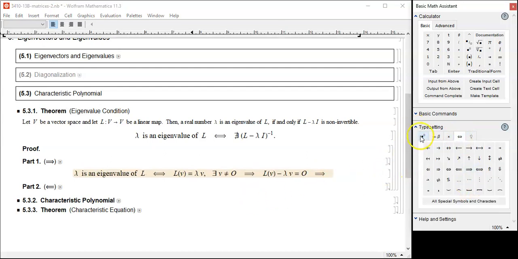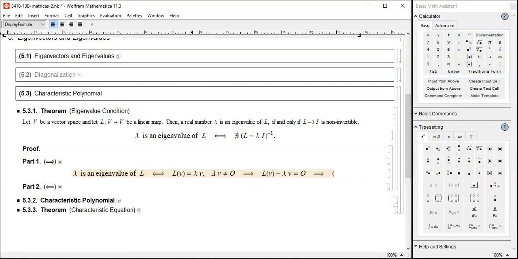And then we can combine all these like this: L minus lambda I of V is equal to 0, and that's what we are getting. So, can you get non-invertibility there?